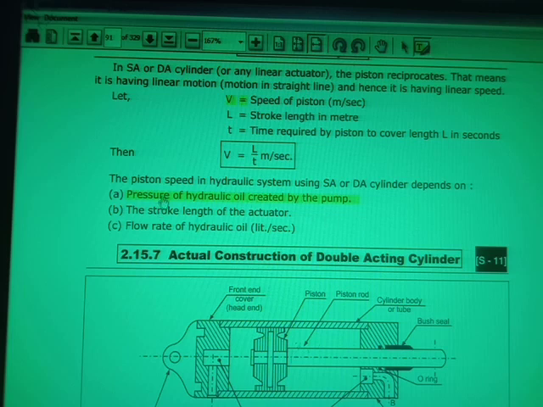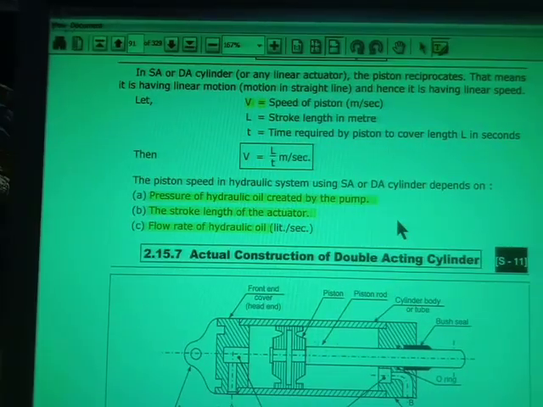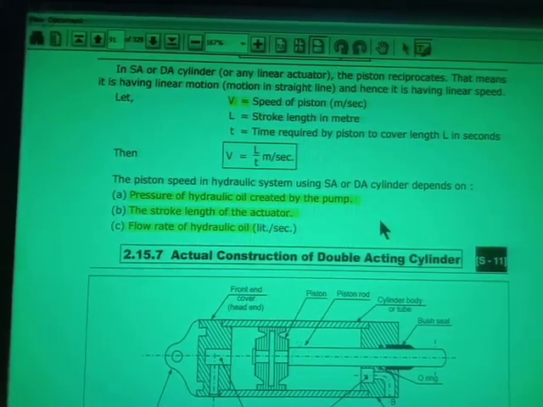Number two, it depends upon the stroke length of the actuator, how much distance it has to travel. And number three, very important, it depends upon the flow rate of hydraulic oil, how much oil is entering the actuator, which will also affect the velocity of the piston. I hope you understand all these things.